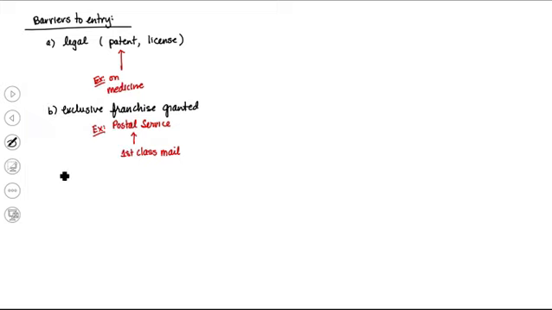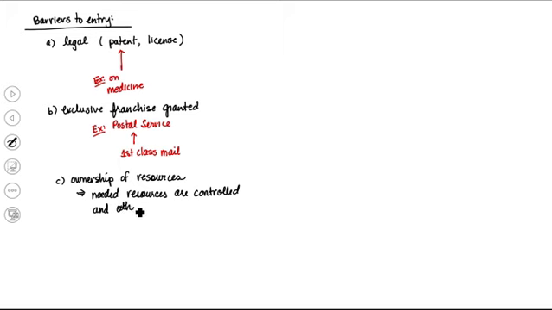All right, a third category that we might talk about might be ownership of resources. So we're talking about a situation where the needed resources are controlled and others don't have access.